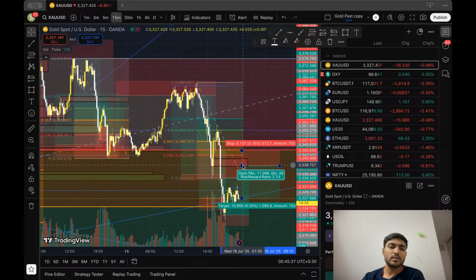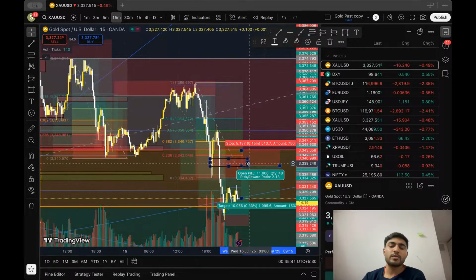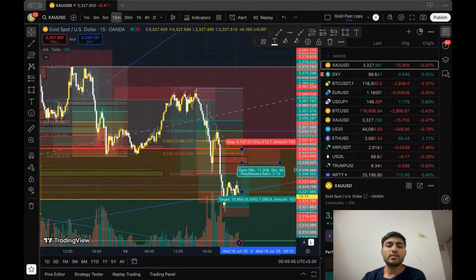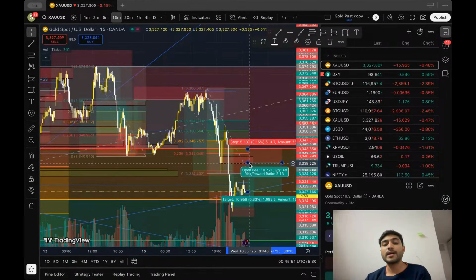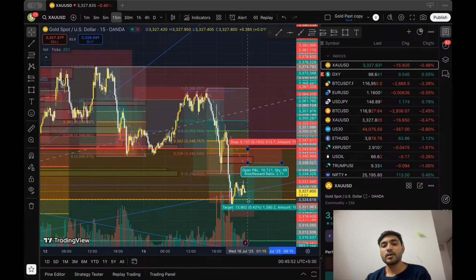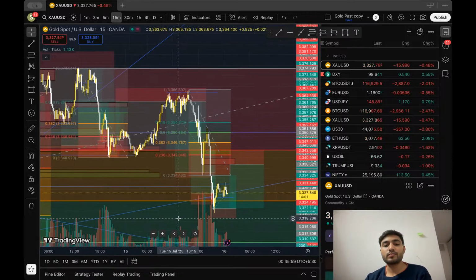That's fine as well. But let's try to do it after 1 minute green, 1 minute red, so that you'll have a good stop loss. That is all I can say to you.